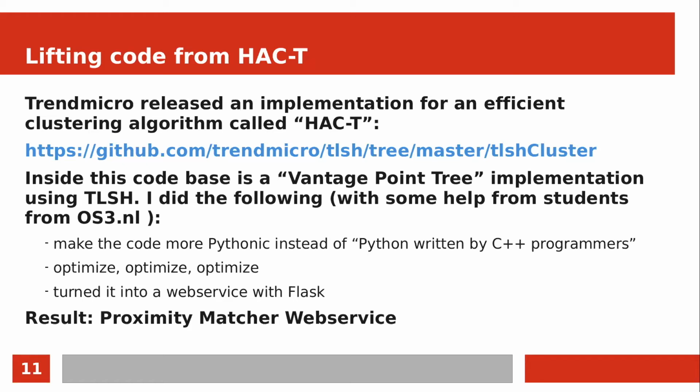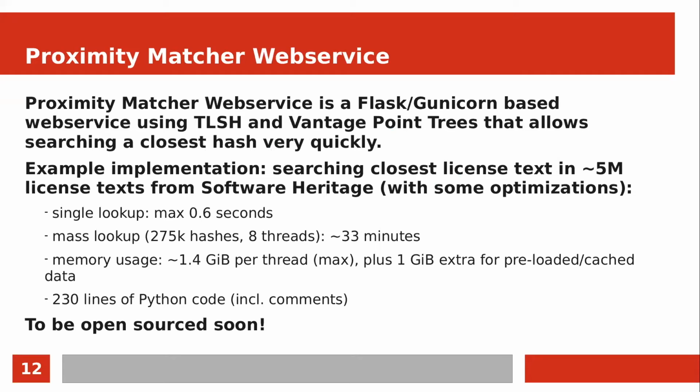The result is a web service where you can feed a TLSH hash and get back a closest file. So the proximity matcher web service is based on Flask and Green Unicorn. It uses TLSH and the vantage point trees, and it allows you to find a closest hash very quickly.